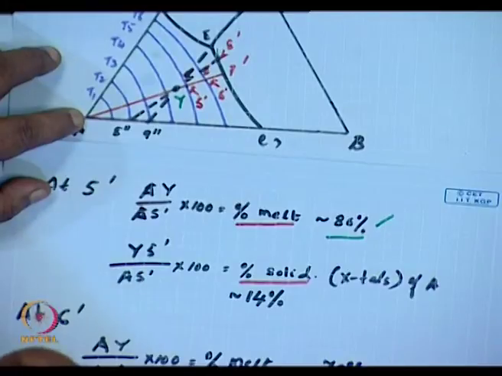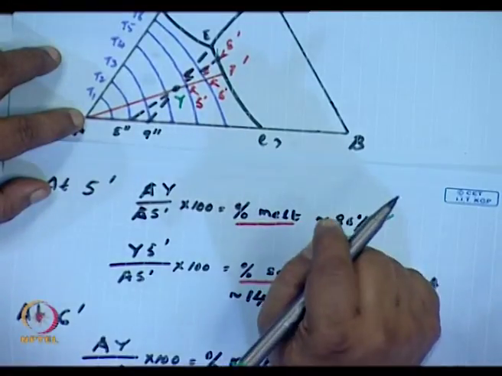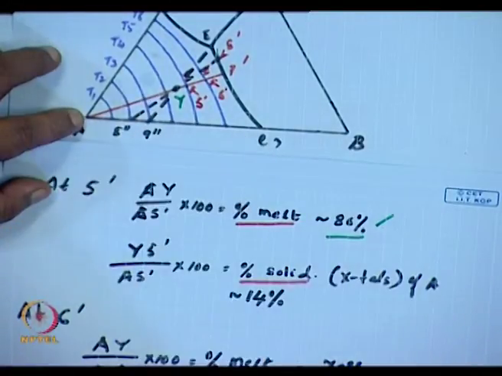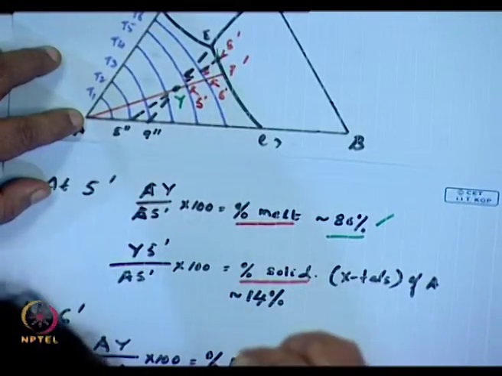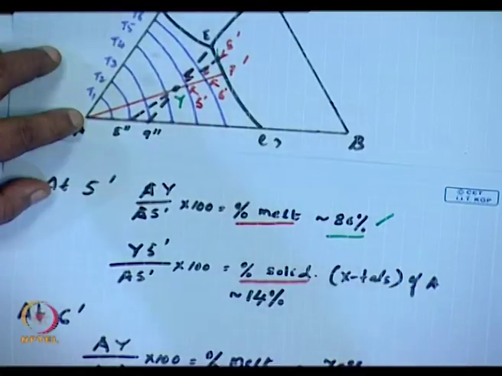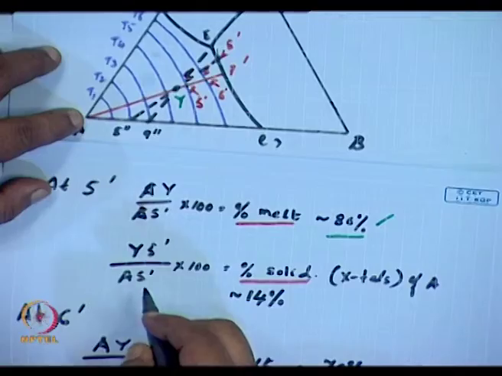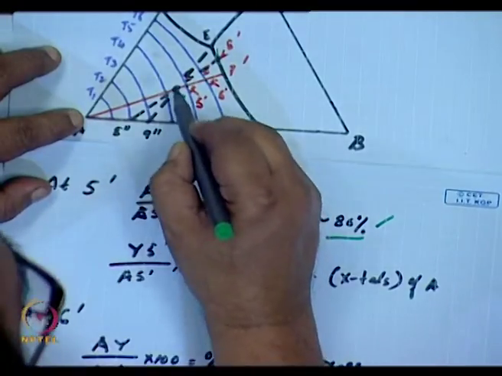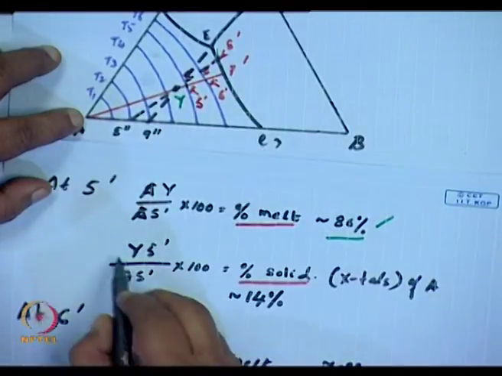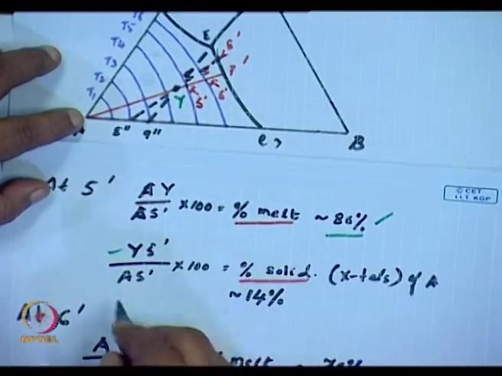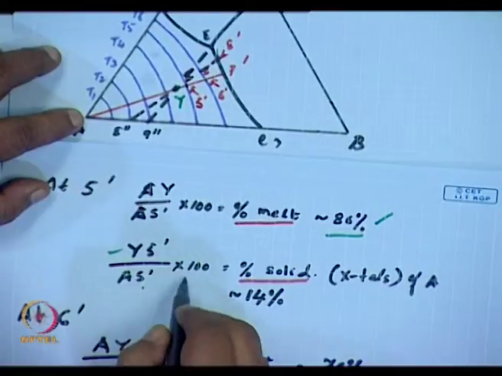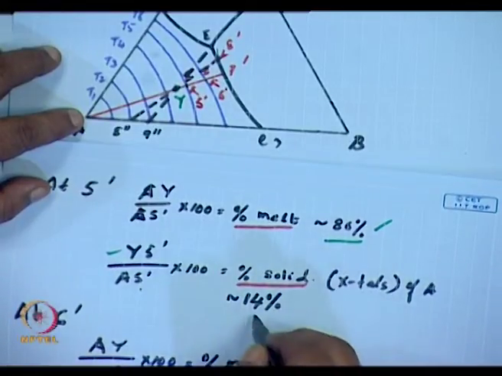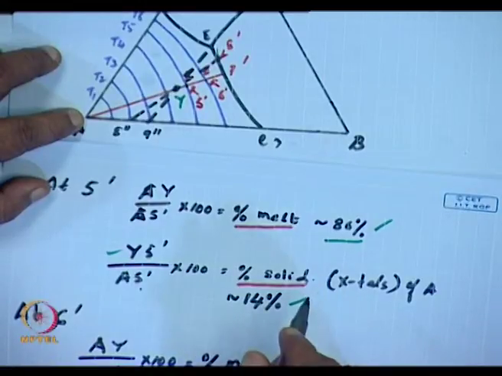At 5 dash, what is separating out? A, because it is the primary phase field of A. So during this cooling, A is precipitating out. So what is the amount of crystals of A? That is given by this distance Y5 dash divided by A5 dash multiplied by 100%, which gives the amount of crystals that has formed as 14%.